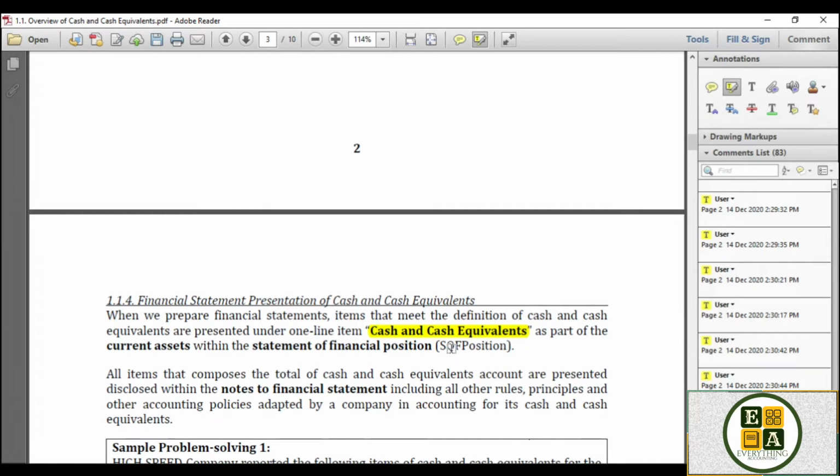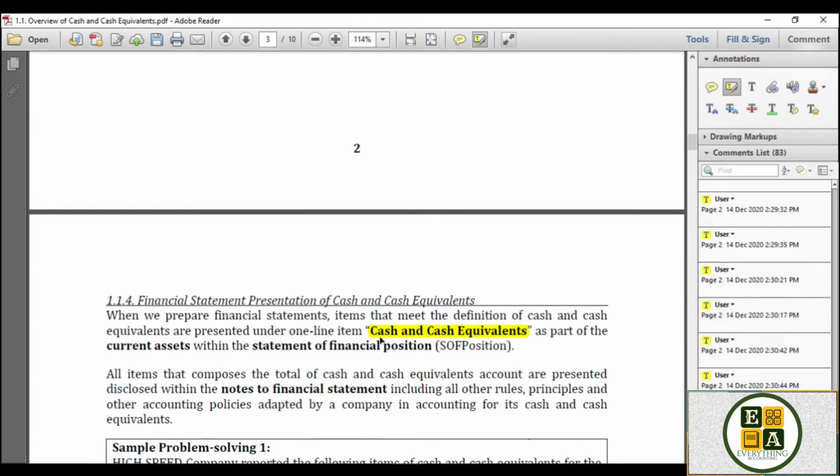Most books generally use the cash and cash equivalents line item if both are applicable. But sometimes companies report only cash, without cash equivalents. So it depends on the current reporting status.